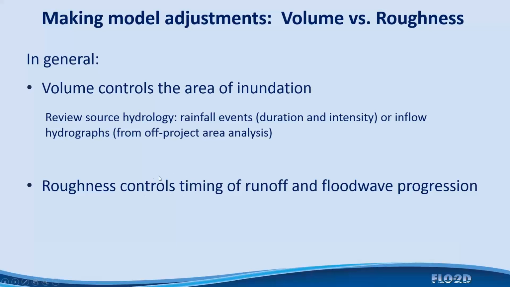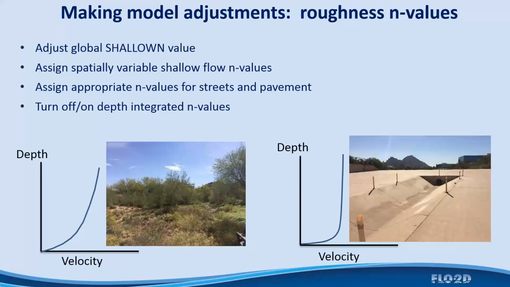So if you need to slow the model down some because you're getting instability, increasing the roughness is an appropriate thing to do. If you think that the timing of the hydrograph is off and it's delayed, then you may have been a little overzealous with your roughness assignments and you might want to reduce them somewhere.